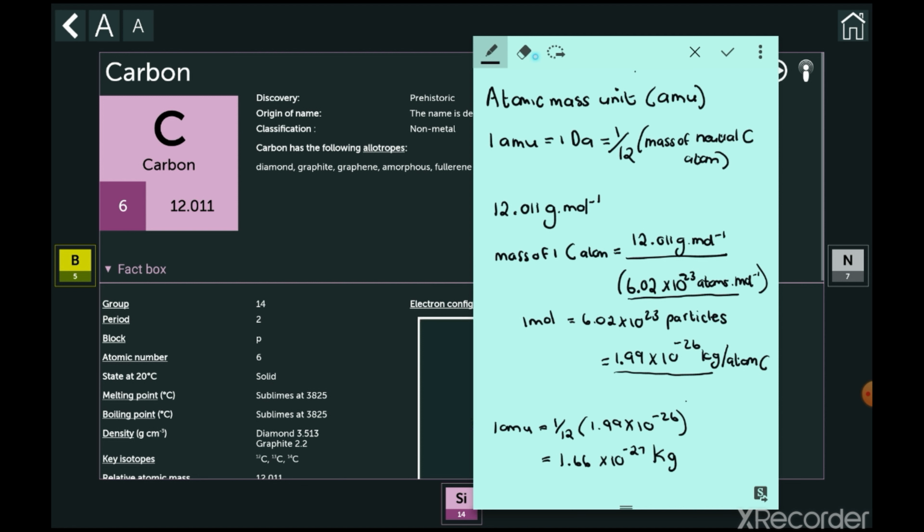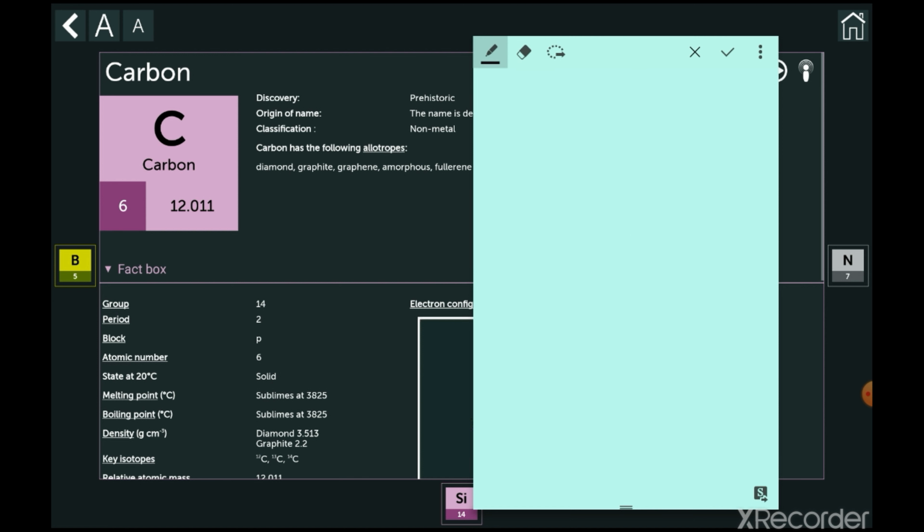Now, just to quickly finish off this lesson, I just want to highlight the difference between what we just did. We talked about atomic mass. Remember that we referred to atomic mass unit.